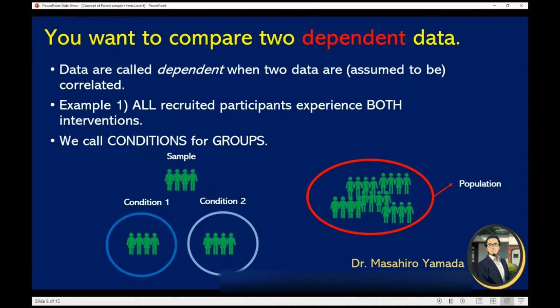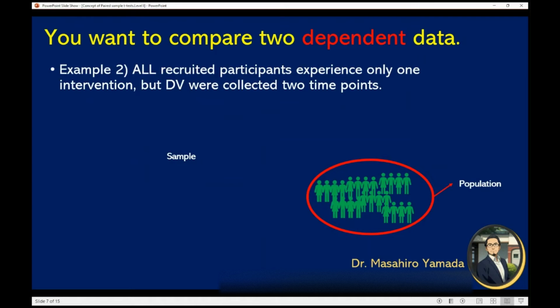Because of the difference, we often call them conditions instead of groups because they are not two separate groups. Rather, there are two different conditions where all participants experience both. Another example where a paired sample t-test is appropriate and when the data are dependent is all recruited participants experience only one intervention or treatment.